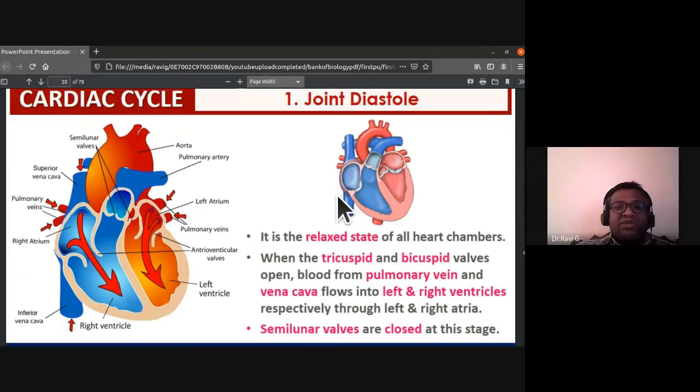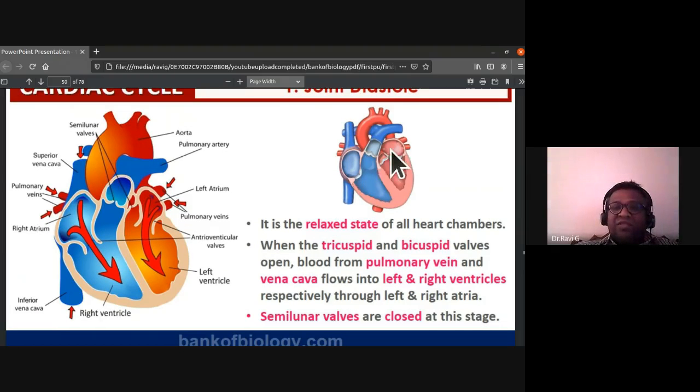So joint diastole is the relaxed state of all four chambers of the heart.